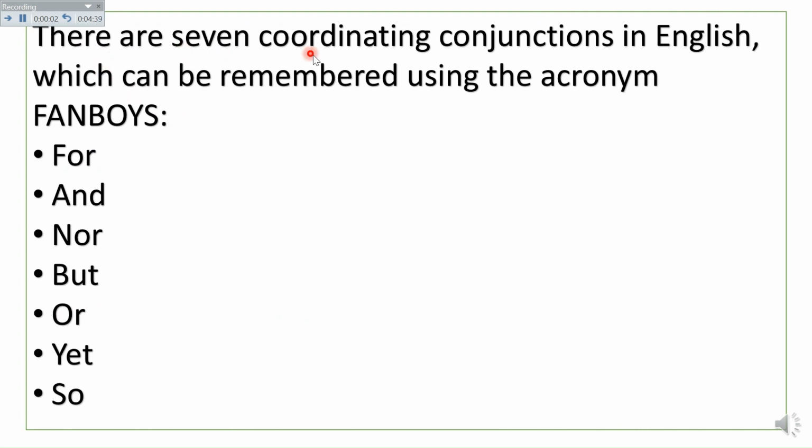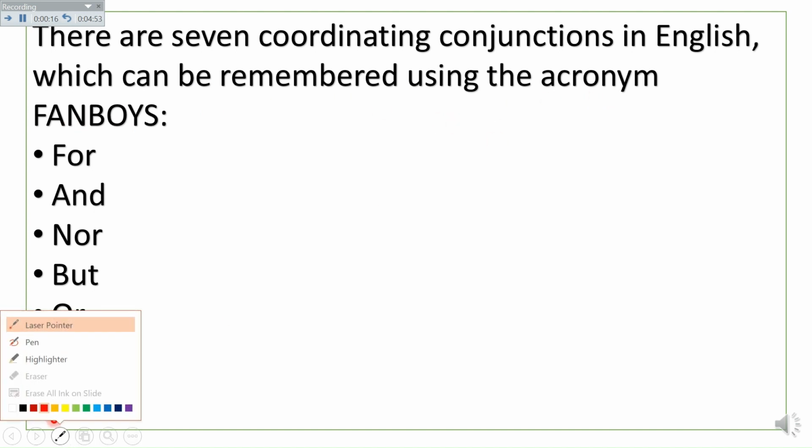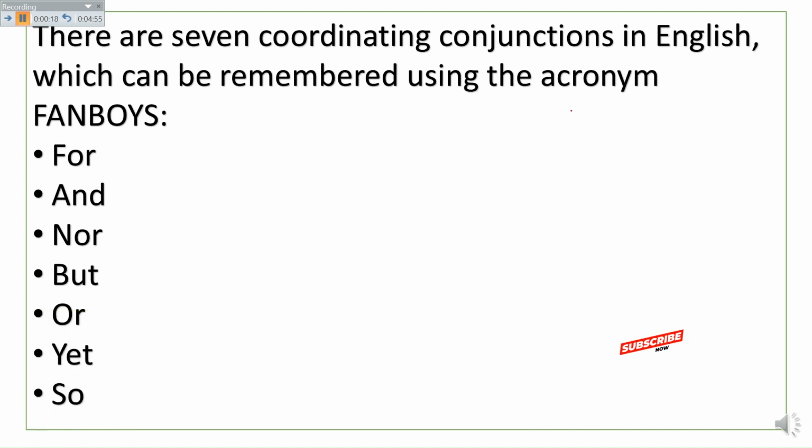There are basically seven coordinating conjunctions in English, or in general we can call them coordinators, which can be remembered using the acronym FANBOYS. What does acronym mean? An acronym is when we use the first letter of these words to make a word, like FANBOYS.